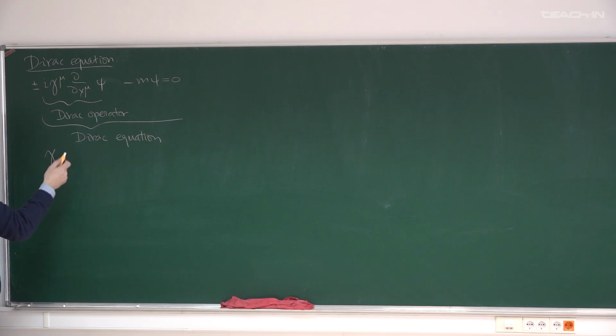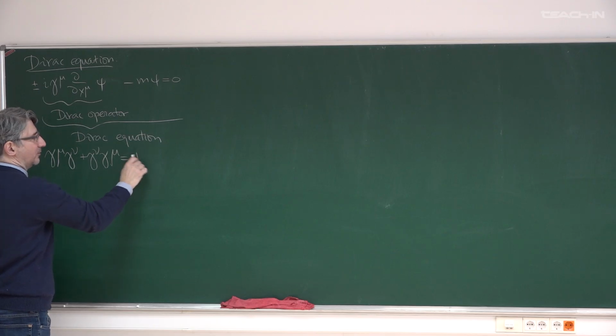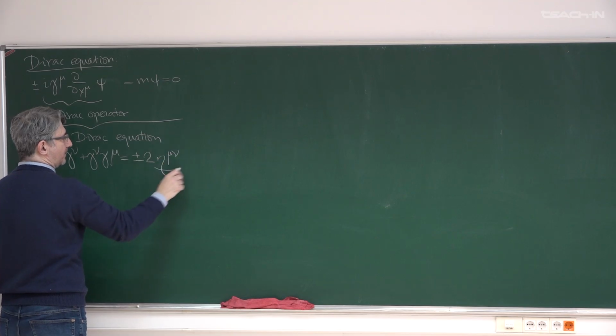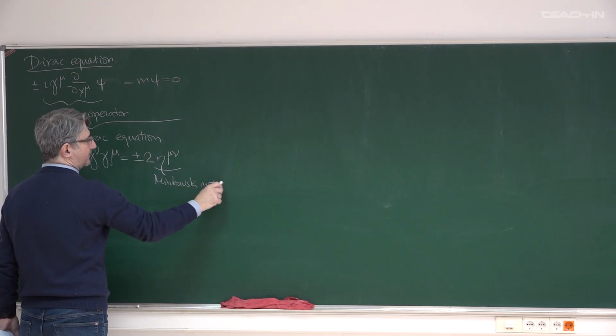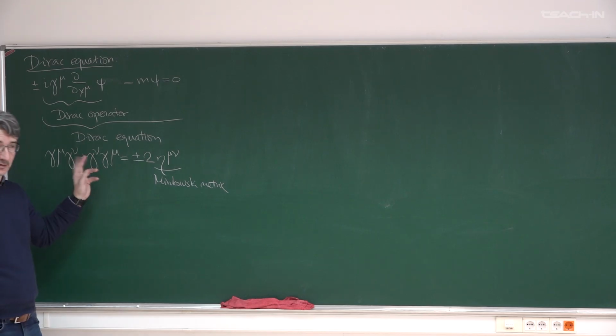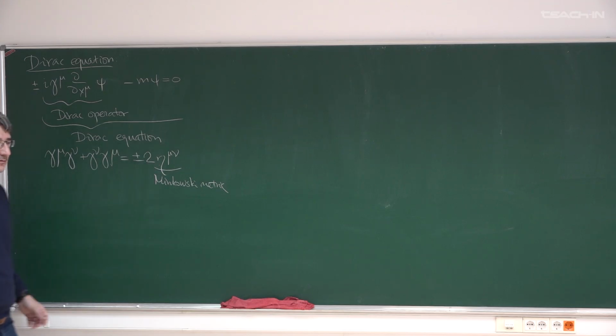Gamma mu is a matrix, matrices which satisfy a very interesting property. If we consider the anti-commutator, gamma mu times gamma nu plus gamma nu gamma mu, on the right hand side we obtain plus minus, it depends on your preferred choice of sign, 2 times the metric tensor of Minkowski space.